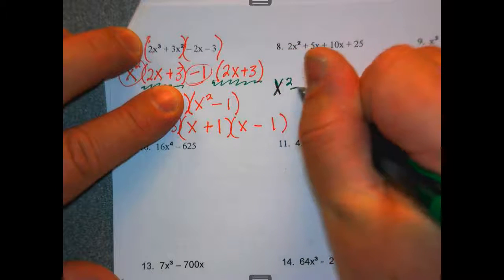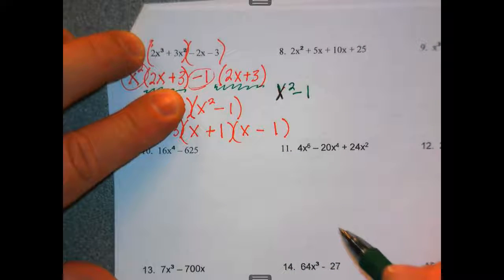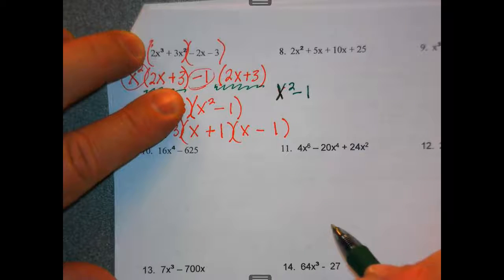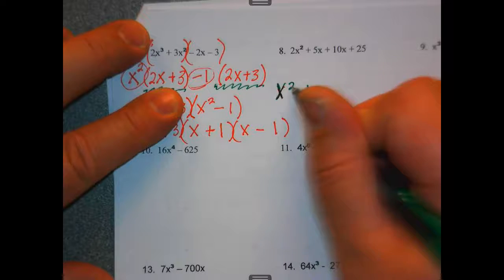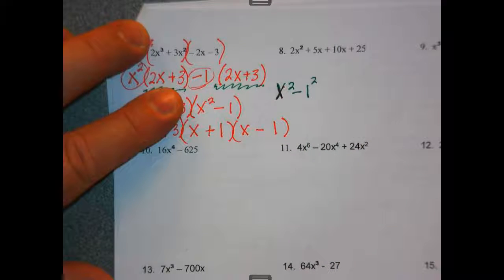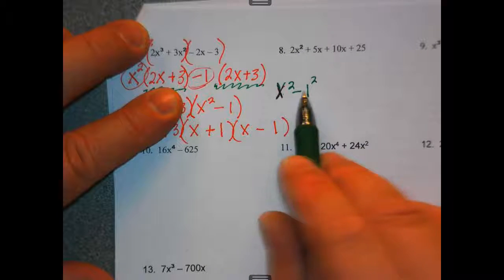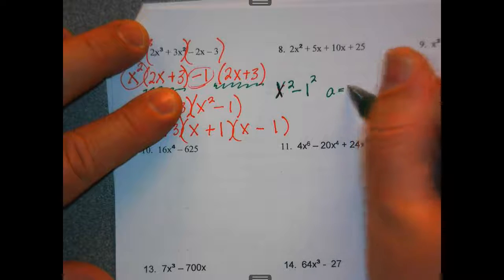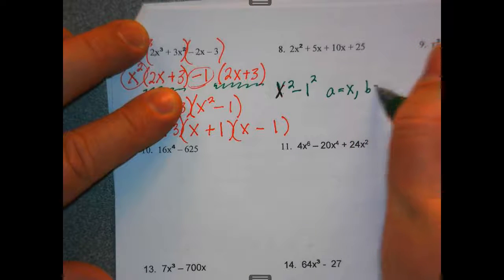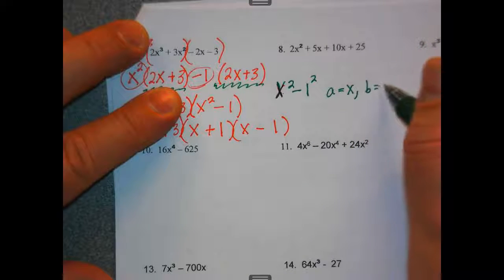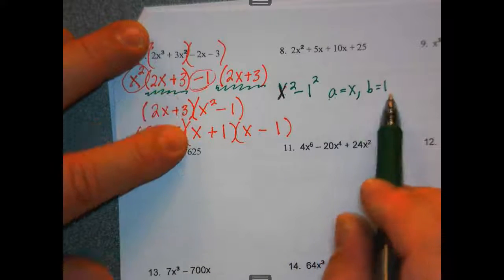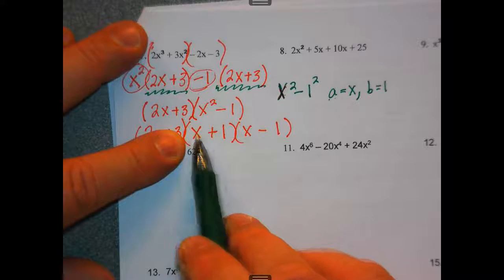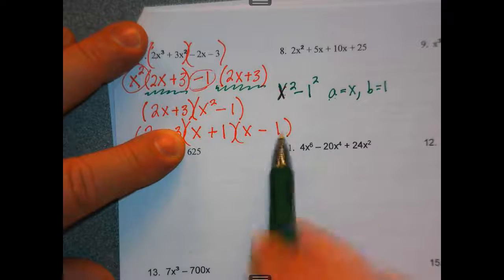X squared minus 1 is a difference of squares. This is x squared, 1 squared. So my base is x, and my other base is 1. So this becomes a plus b, a minus b, which is x plus 1, x minus 1.